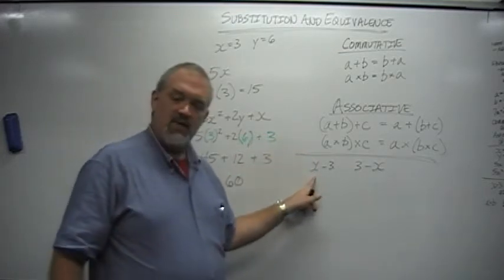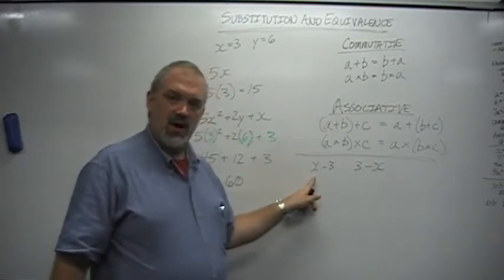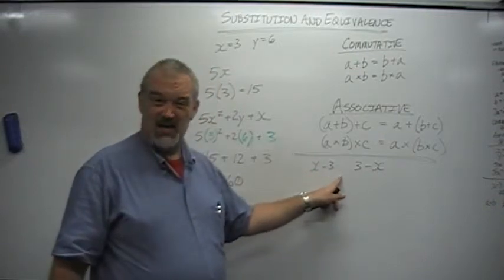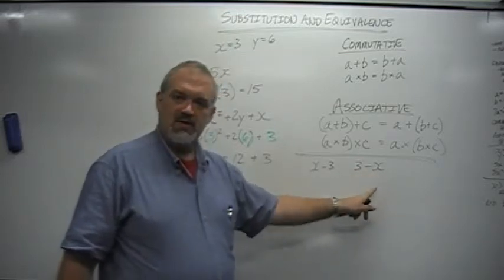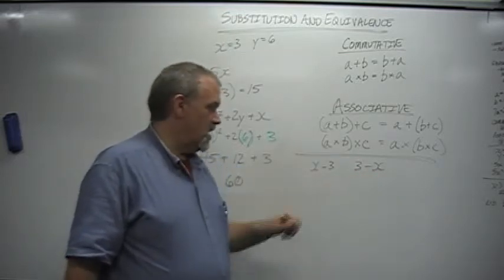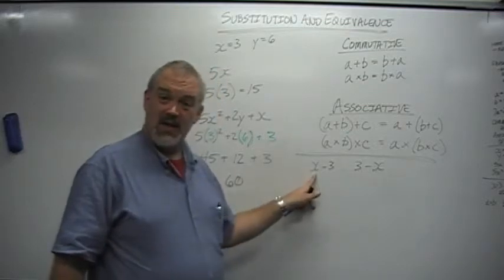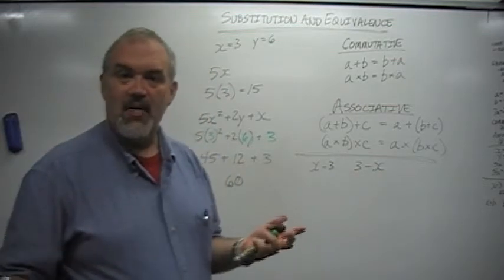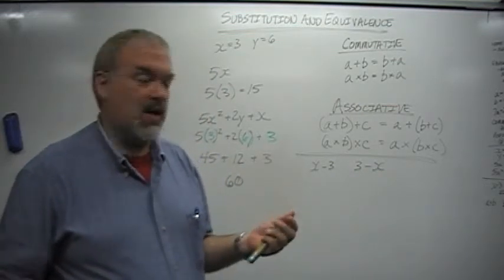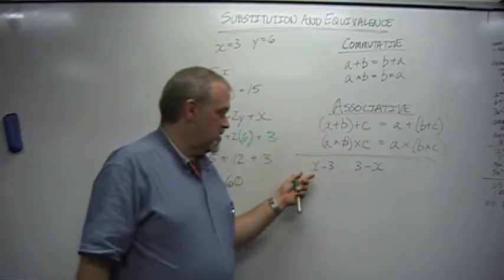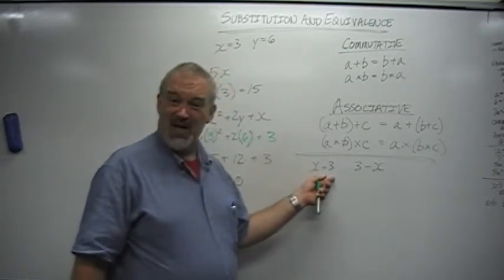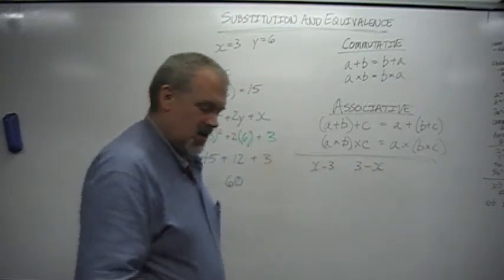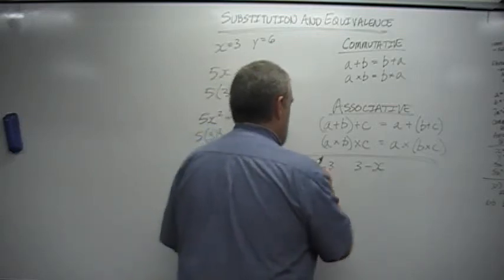If x is equal to 0, then that doesn't work, does it? 0 minus 3 gives me minus 3. 3 minus 0 gives me positive 3. So those two are not equivalent. If x is 3, they would be the same: 3 minus 3 is 0, 3 minus 3 is 0. But any other number other than 3 won't work. What if we tried 2? 2 minus 3 is minus 1. 3 minus 2 is positive 1. So these two are not equivalent expressions.